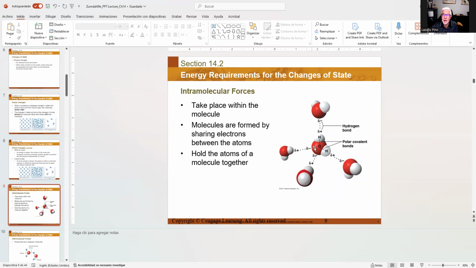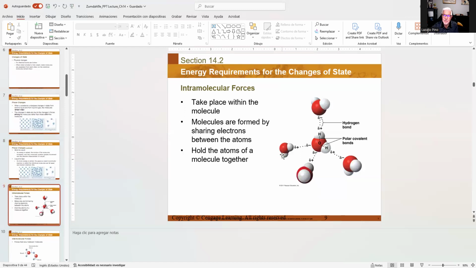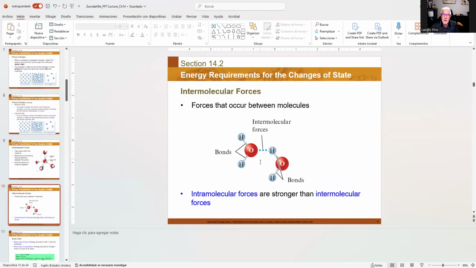Then always the intermolecular forces are weaker than the covalent bonds that make stable this structure and contain the highest levels of energy. Here you have, for example, the hydrogen bonds that are very weak if we compare with the intramolecular bonds.